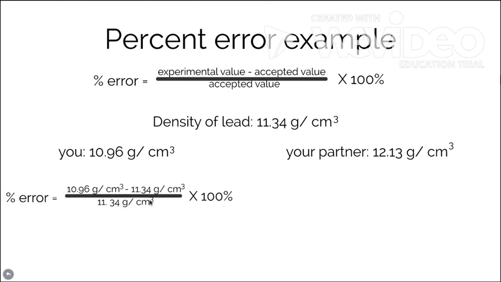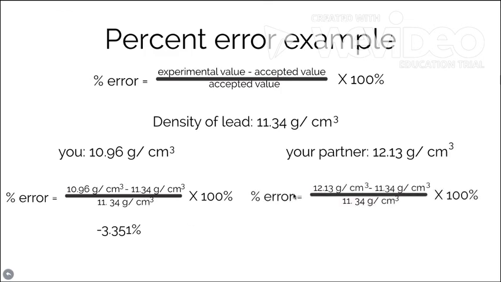You divide that by that same number, 11.34 grams per cubic centimeter, and you multiply by 100 to get in a percent form. The answer you get is negative 3.351%, which means that you were 3.351% under your target.